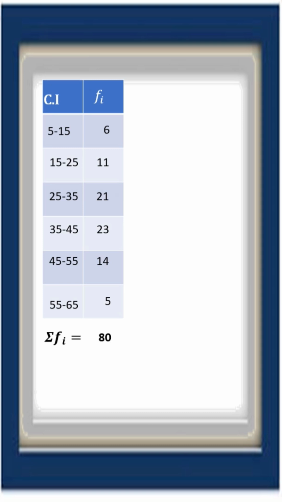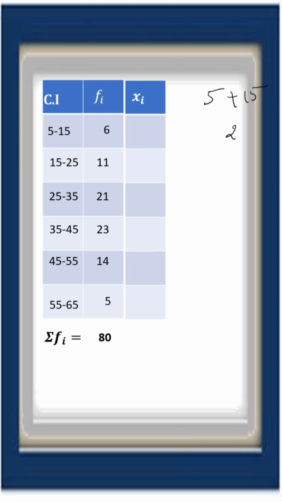Now let us add one more column for class mark or midpoint of the class interval. How will you find midpoint? Here add 5 plus 15. What is it? 20. 20 by 2, what is it? 10.